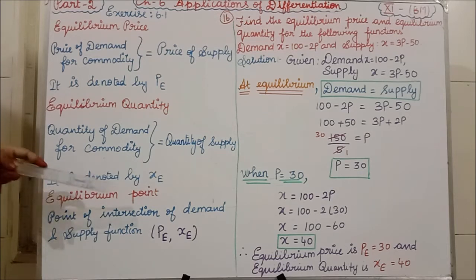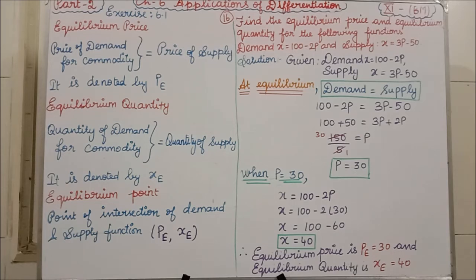Then the equilibrium point means the point of intersection of the demand and supply functions. If you see in your book, they have given the equilibrium graph. In that, the supply function and the demand function meet at the same point. That point is P of E comma X of E, and it is called the equilibrium point.